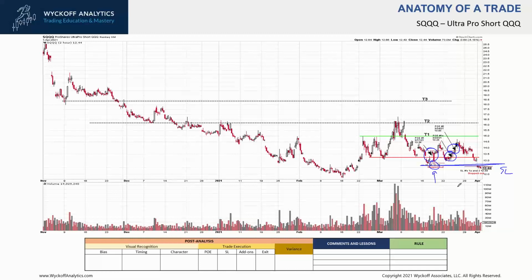So on the 1st of April, my stop got hit, and since then the Qs have been performing rather nicely. So the hedge is no longer necessary and is no longer even viable. That's the explanation.